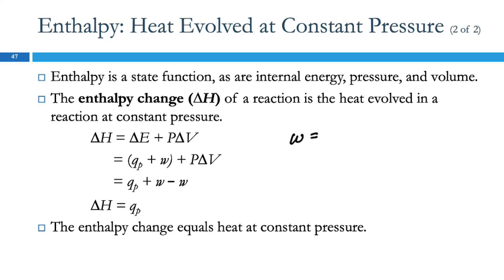So W is negative P delta V. So negative W is positive P delta V. So here, this P delta V is negative W, and poof, the W's go away.